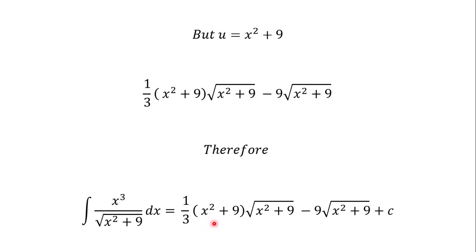1 over 3 bracket x squared plus 9 bracket close multiplied by square root of x squared plus 9 minus 9 multiplied by square root of x squared plus 9 plus c. Okay, now you remember I said when you differentiate this, it should give you this, because of this constant.